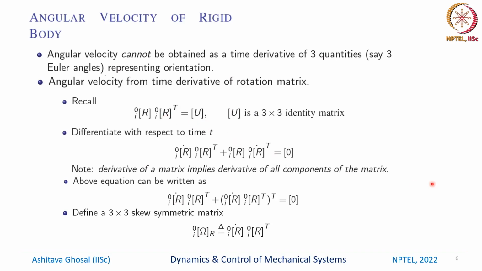Very soon we will see that we could also have started with R transpose into R, which is identity, and then we would have got some other matrix. So I have a skew-symmetric matrix which I will call 0 I capital omega, with a subscript R, which is nothing but R dot R transpose.